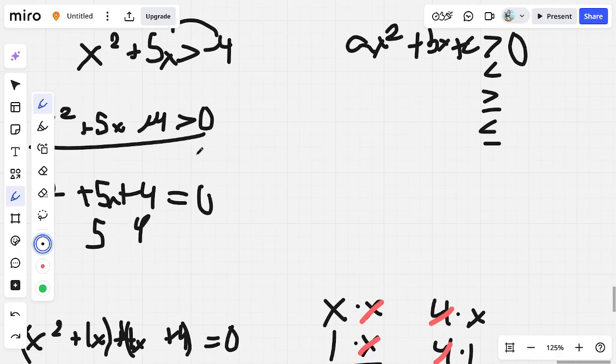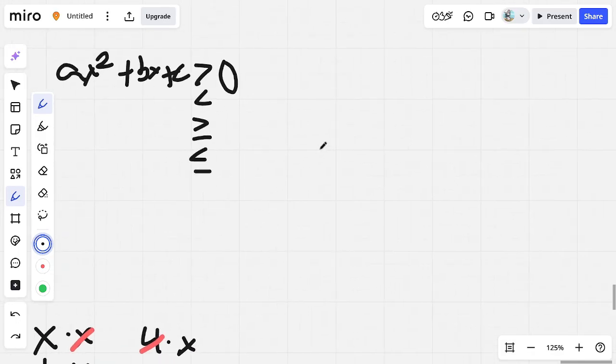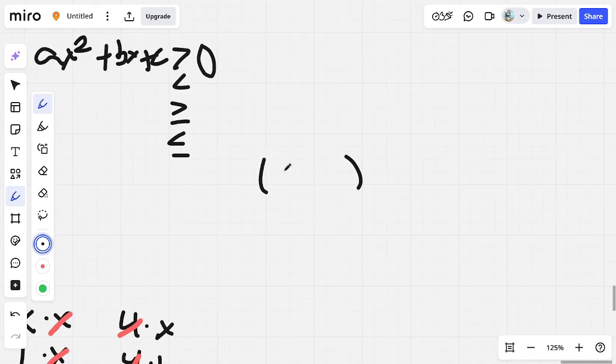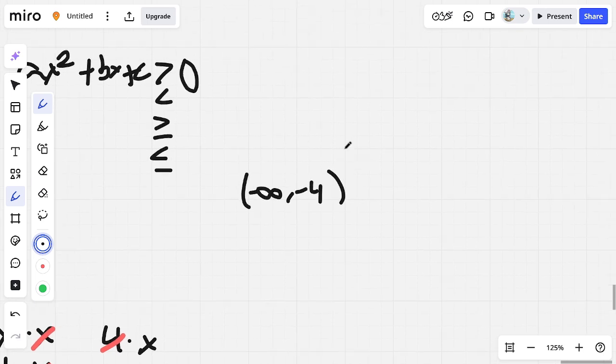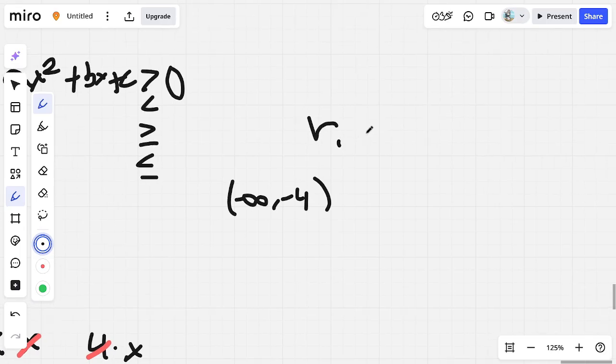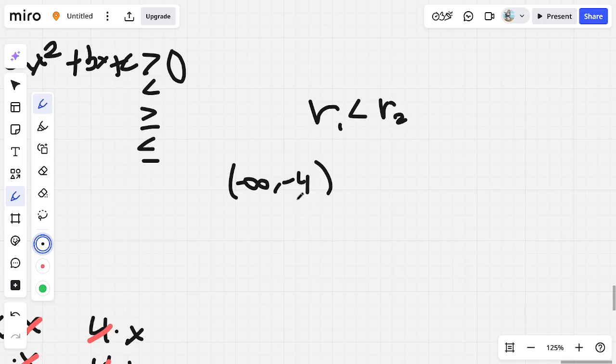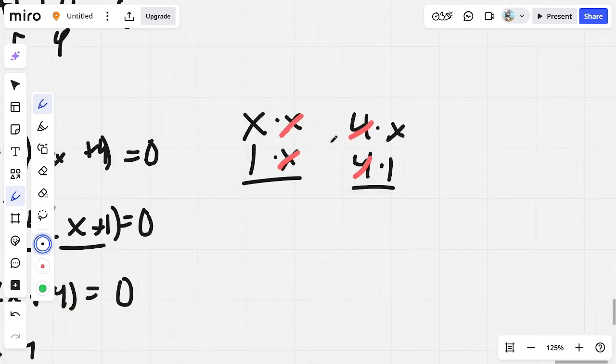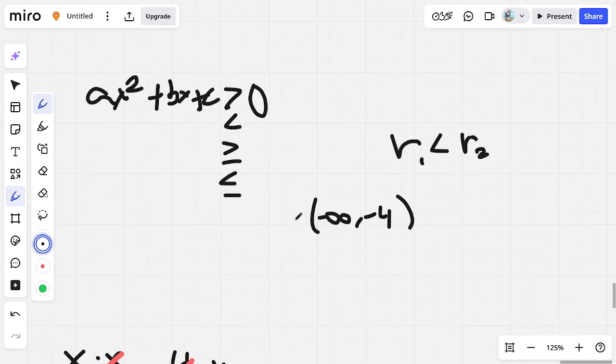First look at our sign. It's greater than. If it's greater than or less than, we have to use the parentheses. So negative infinity, -4. Keep in mind r sub 1 should be less than r sub 2. So r sub 1 should be the smallest one.